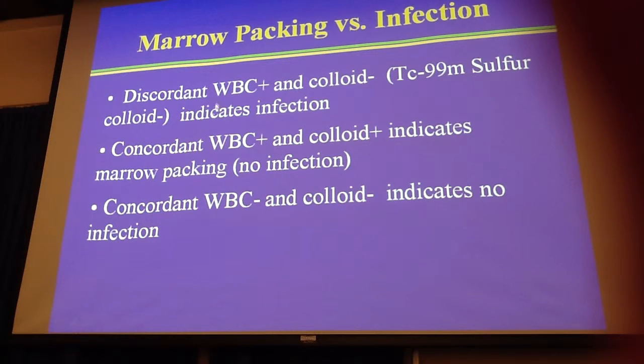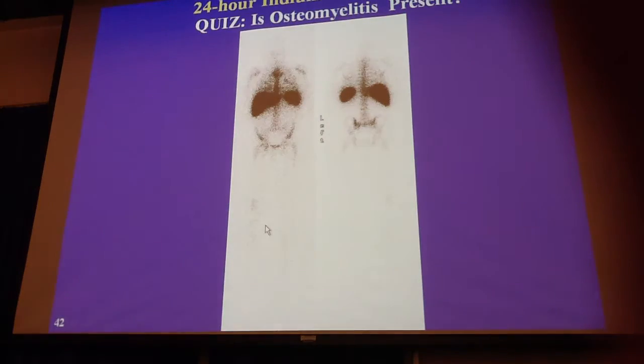These are the three combinations you would be looking for. Going back, we have an area down here, and if we didn't do a sulfur colloid, we would say this guy probably has osteomyelitis or something going on there, cellulitis, infection. Does that make sense?